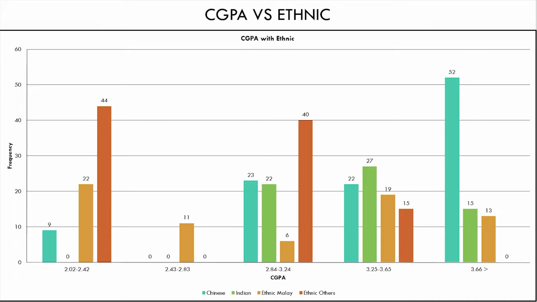The smallest for 2.02 until 2.42 is the Chinese student, while the smallest for 3.66 is 15 students, who are Indian. We know from the graph, Malay students cannot score from 3.25 until 3.66 and above.